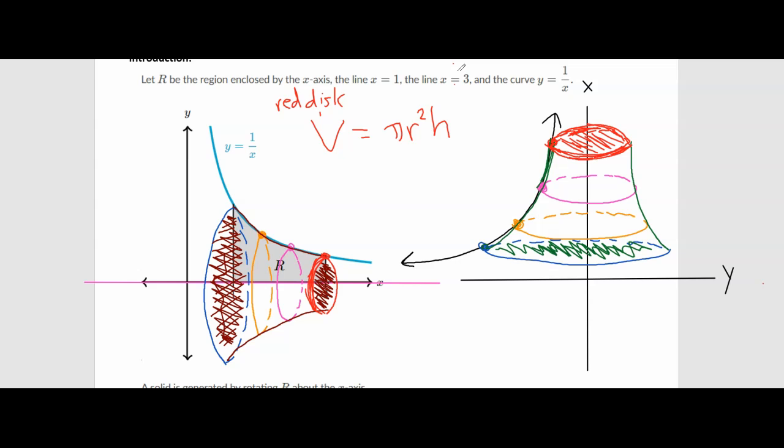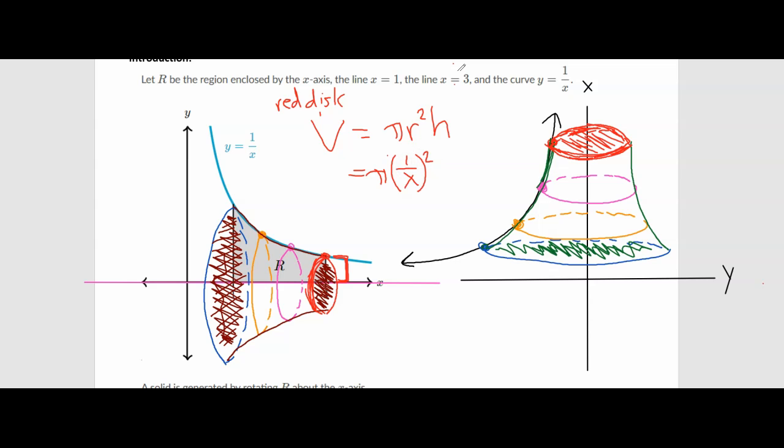Well, the radius, if we go over here and look at this left example, is going to be the distance between the curve and the x-axis. And that's just going to be the y value of our function. So that's going to be, let's keep our pi, and then we have 1 over x.